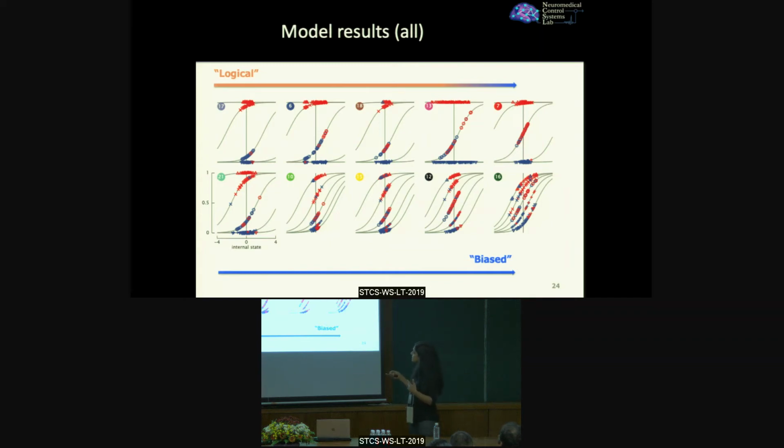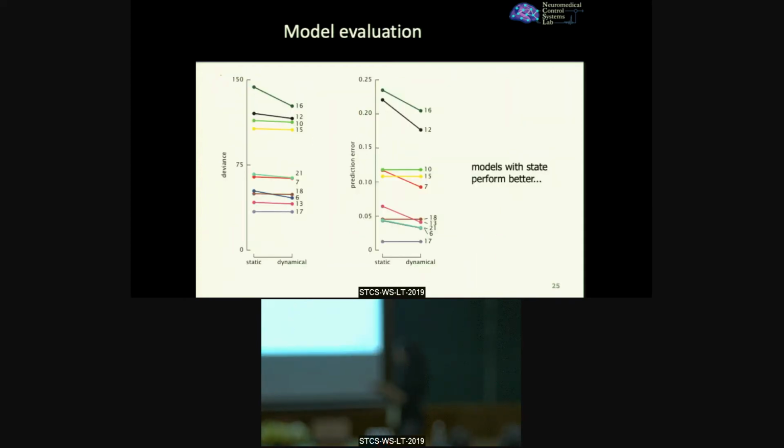And so the question is, it looks qualitatively that when the bias is negative, they tend to bet low, and when the bias is positive, they take more risks. So this bias seems to be related to the risk that they take, because betting high is always higher variance, higher risk. When we did model validation, for every subject, I compared my model with the state versus without the state.